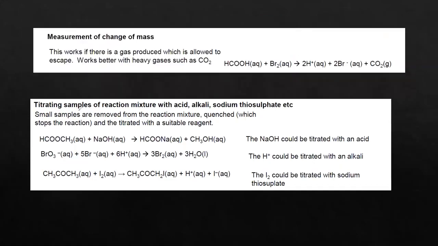So we can titrate a sample of a reaction mixture with acid, alkali, or sodium thiosulfate. In this reaction, methyl methanoate was hydrolyzed by sodium hydroxide, giving sodium methanoate and ethanol. You can see we have sodium hydroxide, so we can use a titration, and this sodium hydroxide can be titrated with acid.